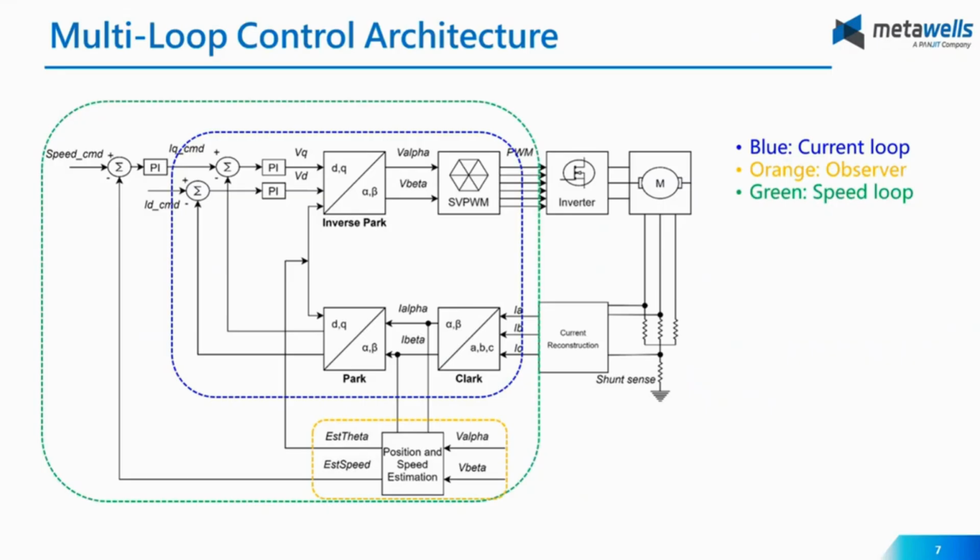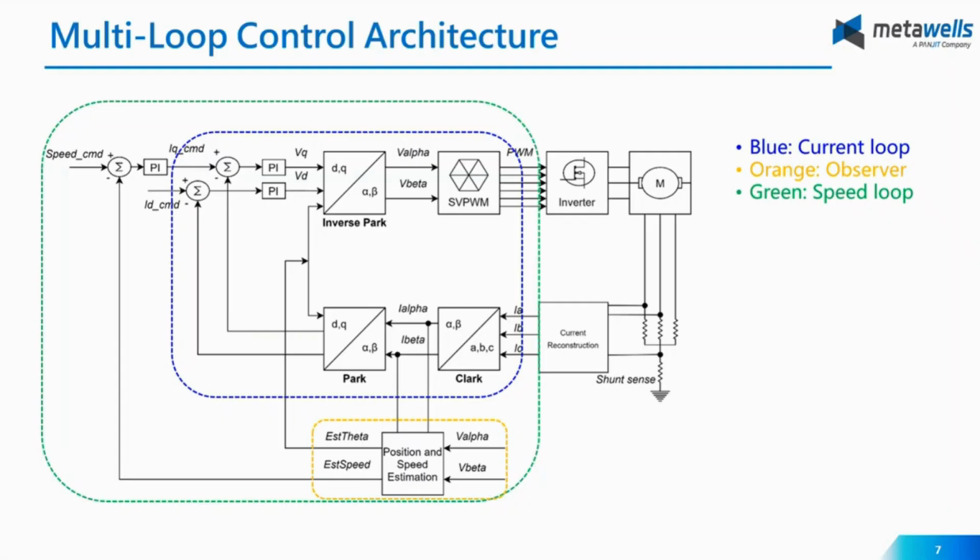Okay. This slide, let's dive deeper into the multi-loop control architecture, as illustrated in this diagram. This structure is critical for optimizing motor drive performance, and it integrates three key components.